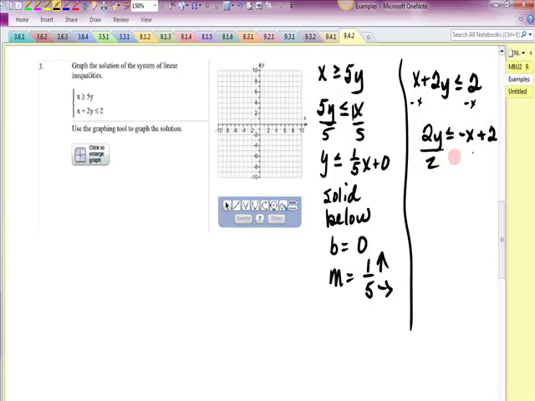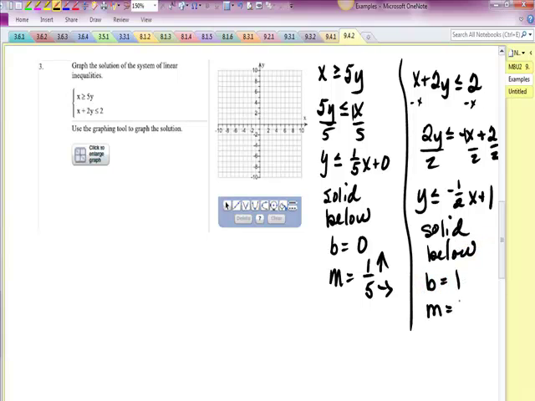Divide everything by 2, and y is less than or equal to negative 1/2 x plus 1. There's an implied 1 right there. This tells me it will be solid. Because it's less than, I will shade below. I'll begin at 1. My slope is negative 1/2, which is down 1, right 2.